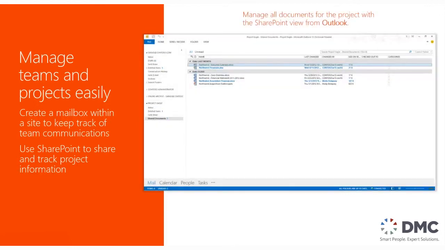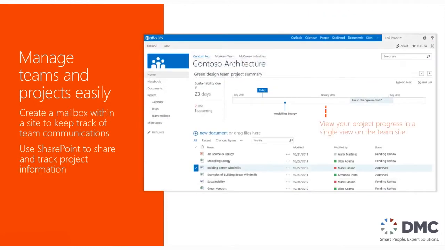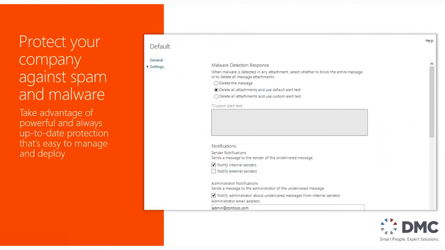You can set up alerts as well, so when new information has been posted to your team site, people can be notified. In addition, they've introduced the timeline view, and that makes it a lot easier, I think, for people to visualize exactly what tasks are due at what time. So I think a lot of people find that to be a big benefit.